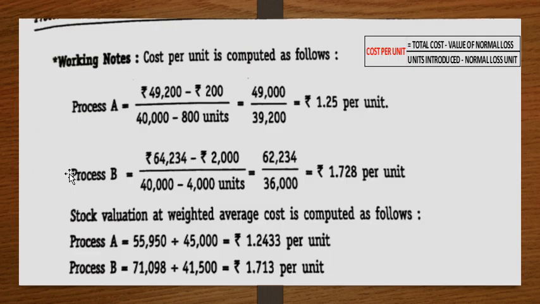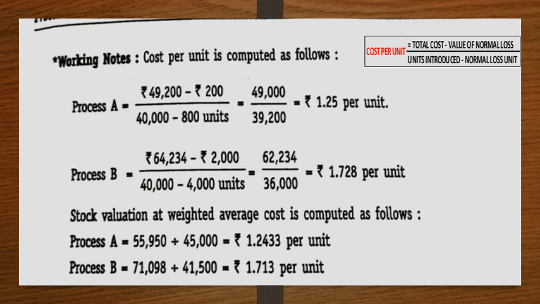That is what is explained in this slide. So you will get 49,000 divided by 39,200. This will give you the cost per unit for your abnormal loss units. So it is rupees 1.25 per unit.